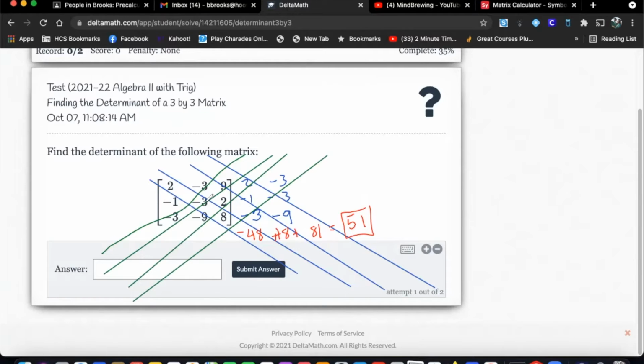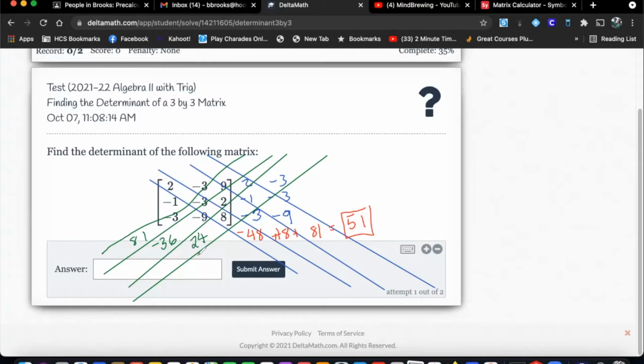So let's find that. 9 times -3 is -27, times -3 is positive 81. Oh, look at that. We've got 2 times 2, which is 4 times -9, which is -36. My brain is not working today. -3 is going to be positive 3 times 4 times 8 is going to be 24.